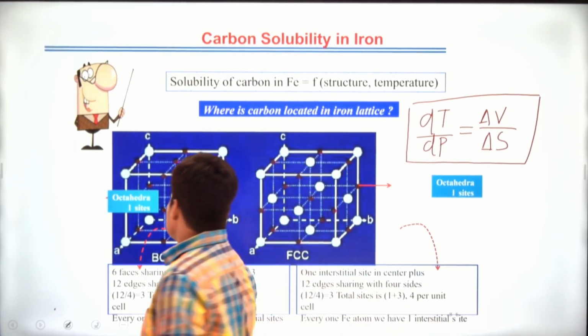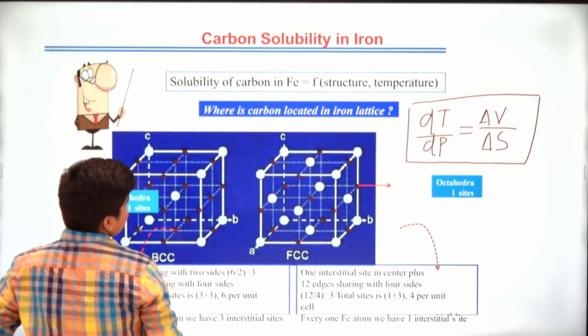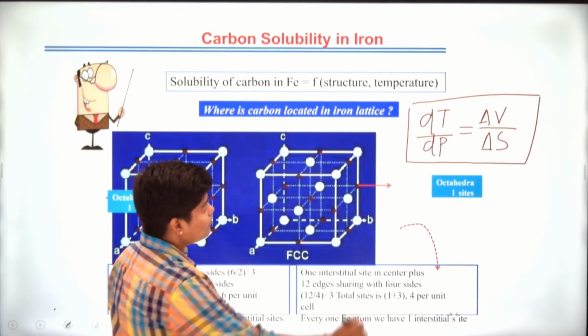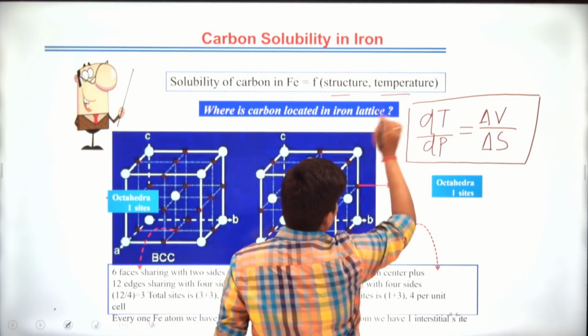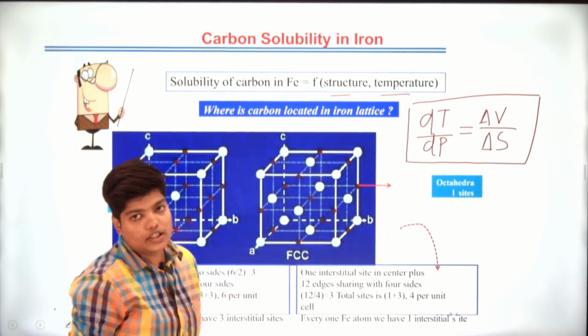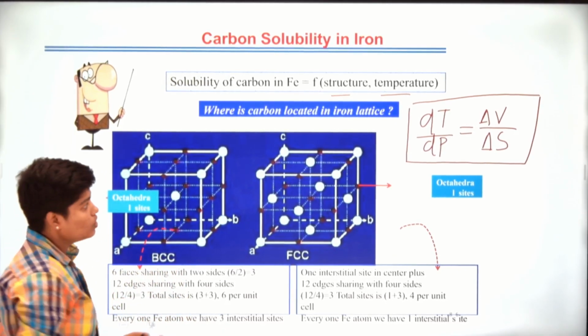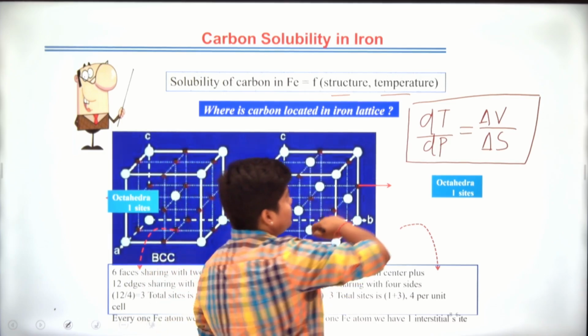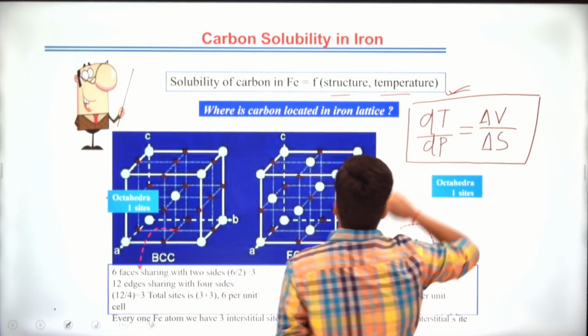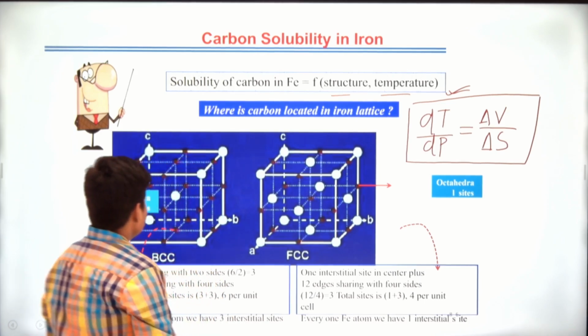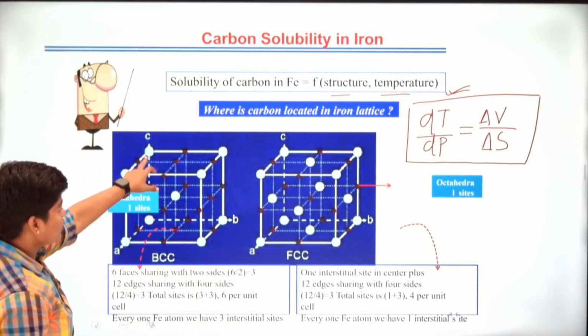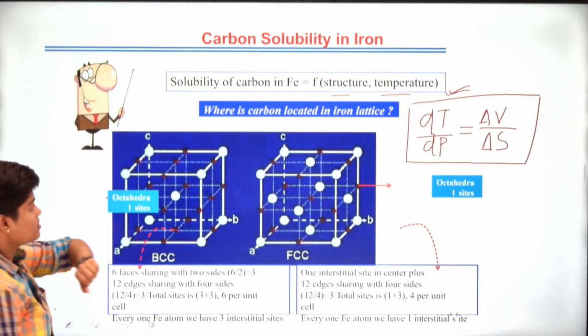The solubility of carbon in Fe is a function of structure and temperature. On two things it depends: first, the structure in which the carbon solubility is more, and second, the temperature. Here the white balls are Fe, the iron atoms.